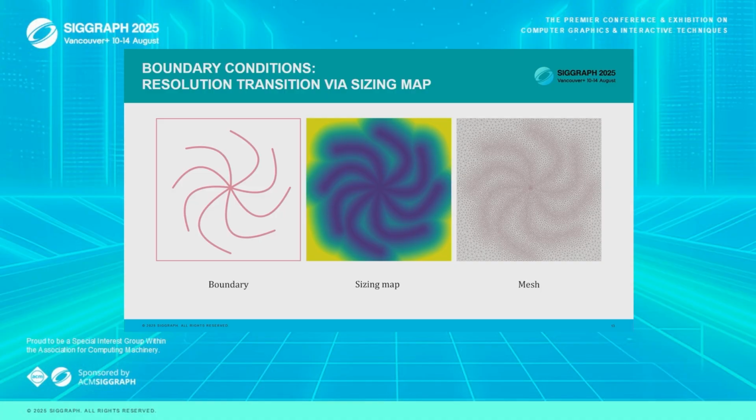Then we create a smooth transition between the fabric's base resolution and the boundary resolutions to generate a continuous sizing map. Using this sizing map, we apply Poisson sampling and Delaunay triangulation to generate the final mesh. The mesh assigns high resolutions to places where detail is needed and keeps it coarser elsewhere for efficiency.